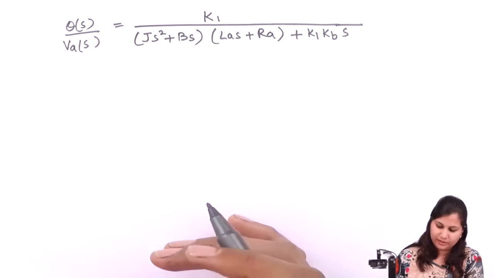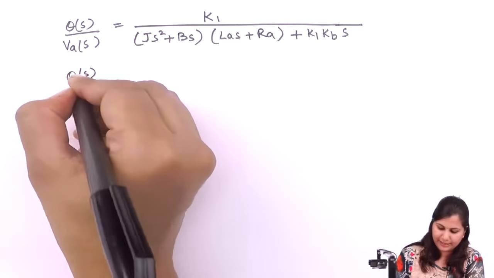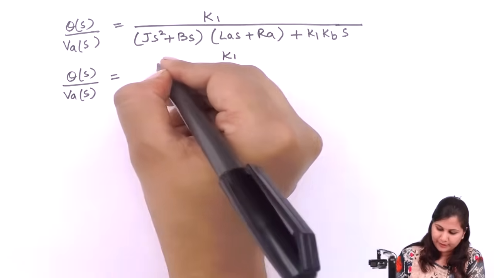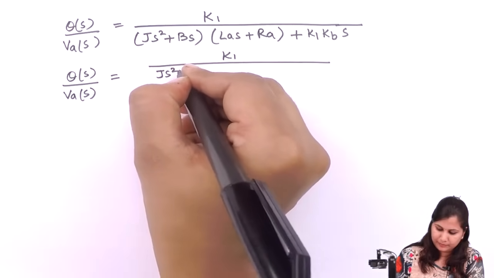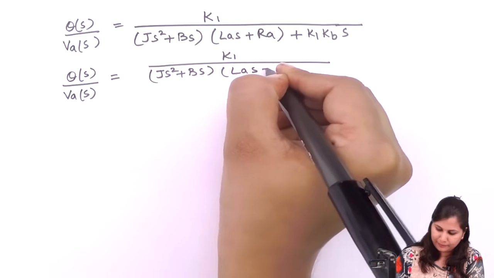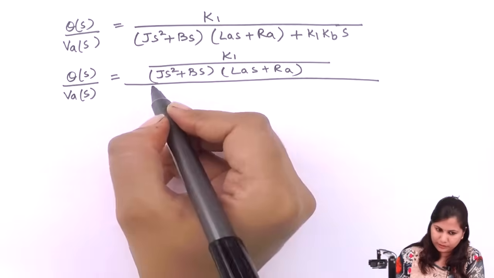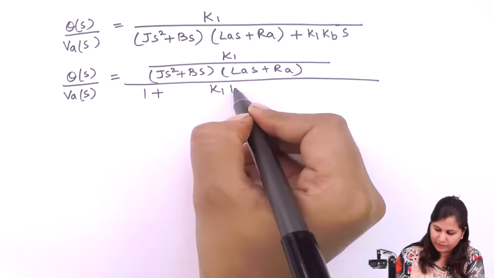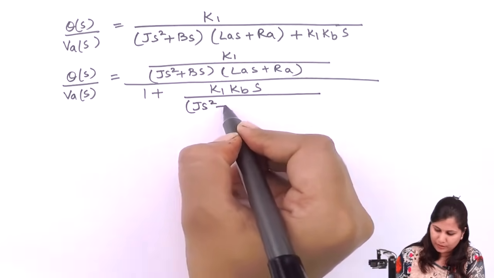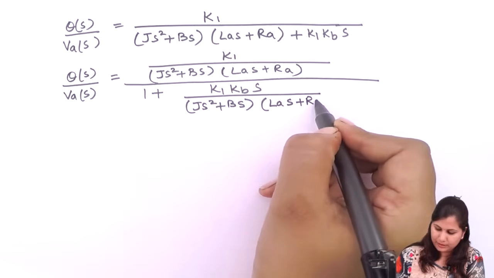Now to form the transfer function, let's simplify it further. We have theta S by VAS equal to, first put the term 1 upon (LAS plus RA), and then divide this whole term with 1 plus K1 KBS upon (JS square plus BS)(LAS plus RA).